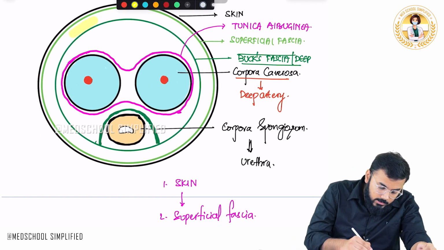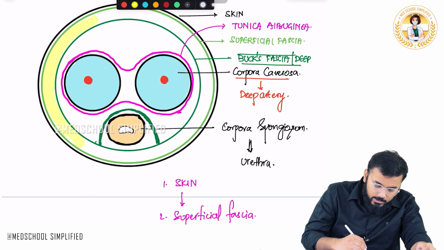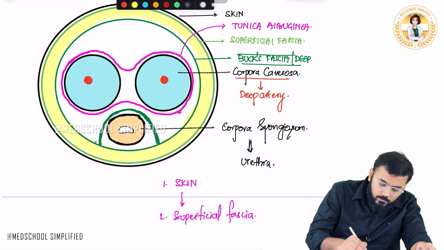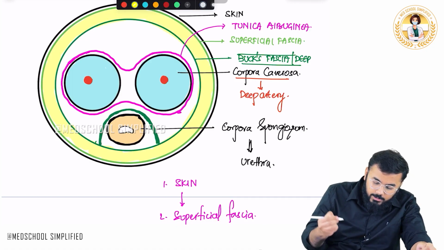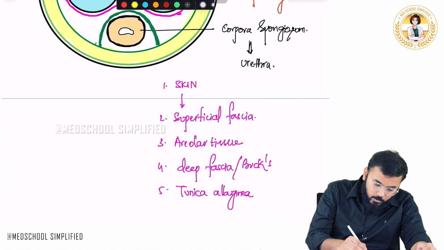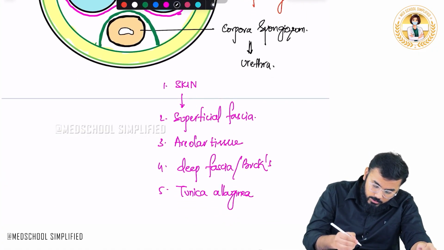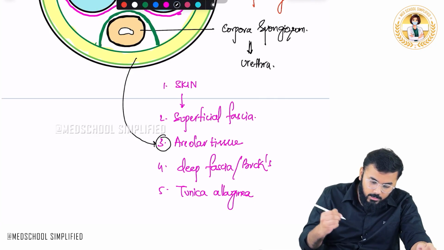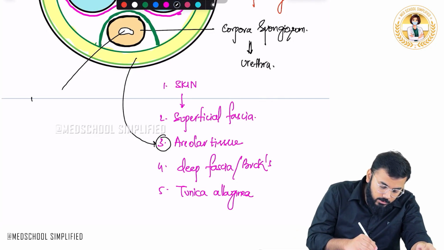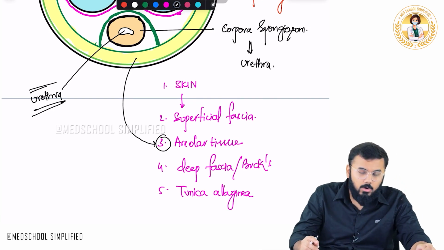So this is the location of the areolar tissue which I told you about. This particular tissue is called your areolar tissue, the third important thing. And this center part over here is called your urethra.